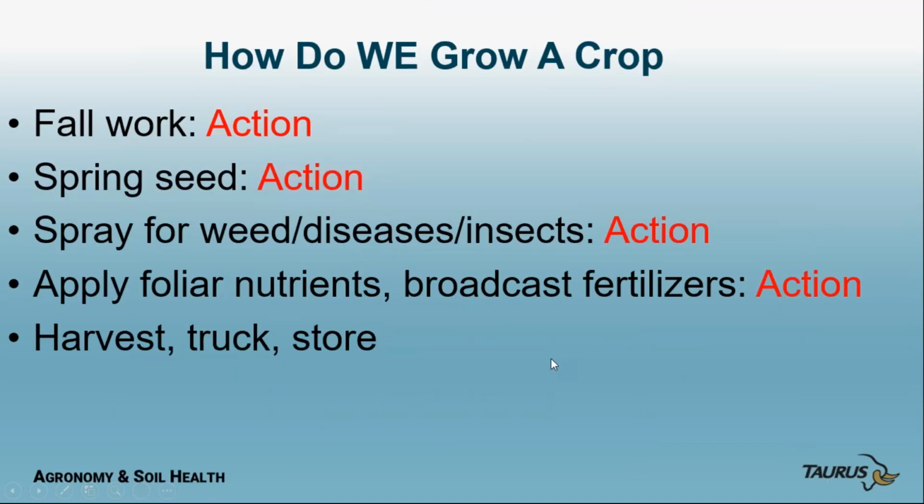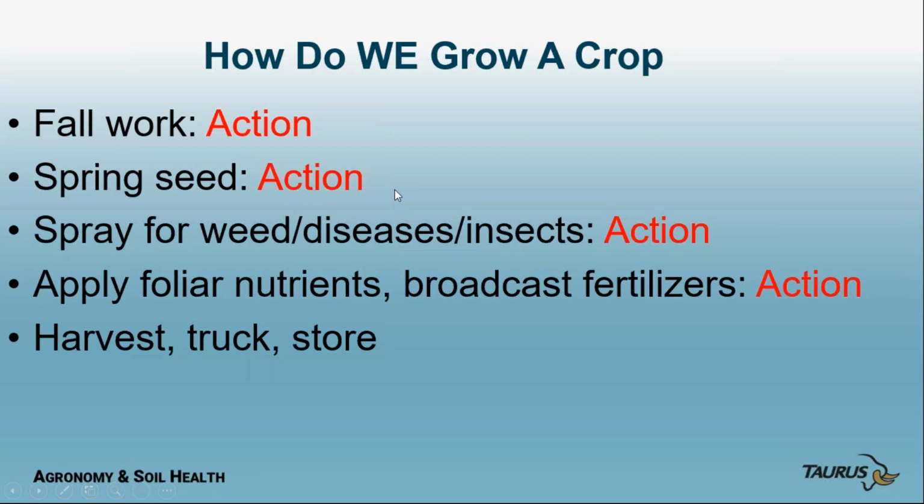So how do we grow a crop? Well, you've already done some of this. You've put some fertilizer down, maybe banded or broadcasted. If it's elemental sulfur, you don't want to incorporate it. So you've already done that. Spring action, when spring comes, you'll probably use a burn off if you're minimum or zero tillage.